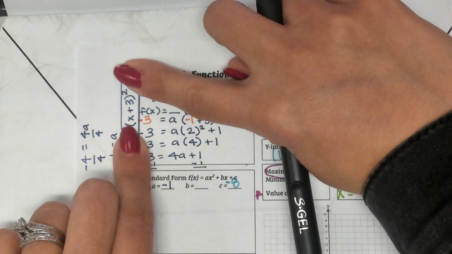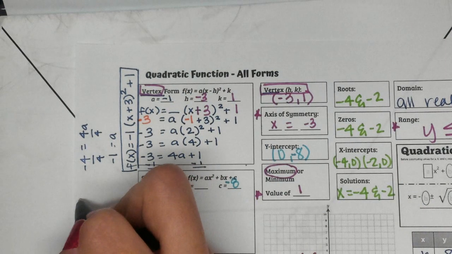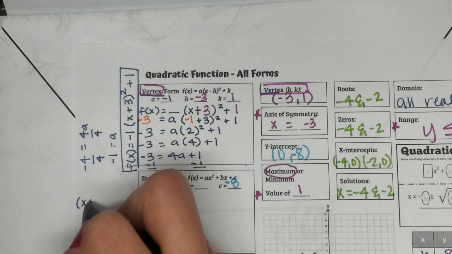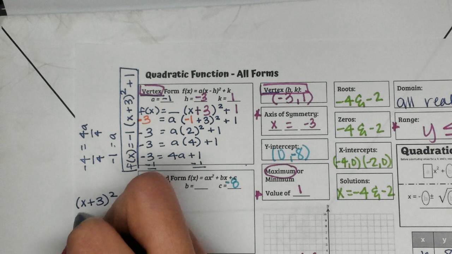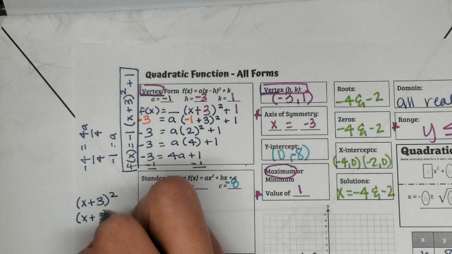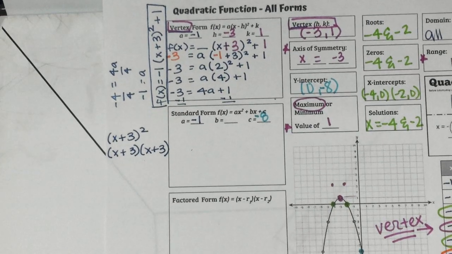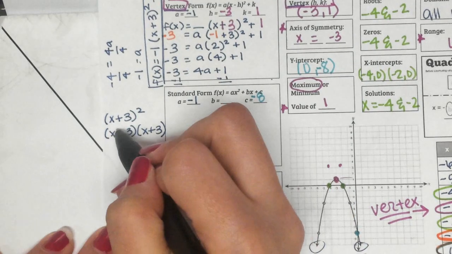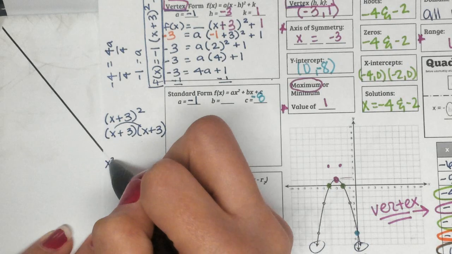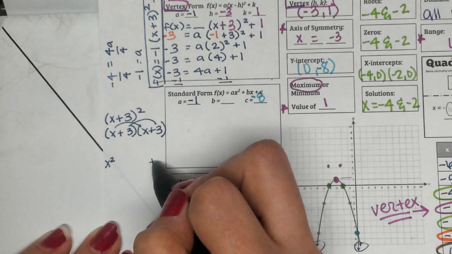X plus 3 squared means I multiply it twice. So we have x plus 3 squared, which is x plus 3 times x plus 3. X times x is x squared. 3 times 3 is 9.